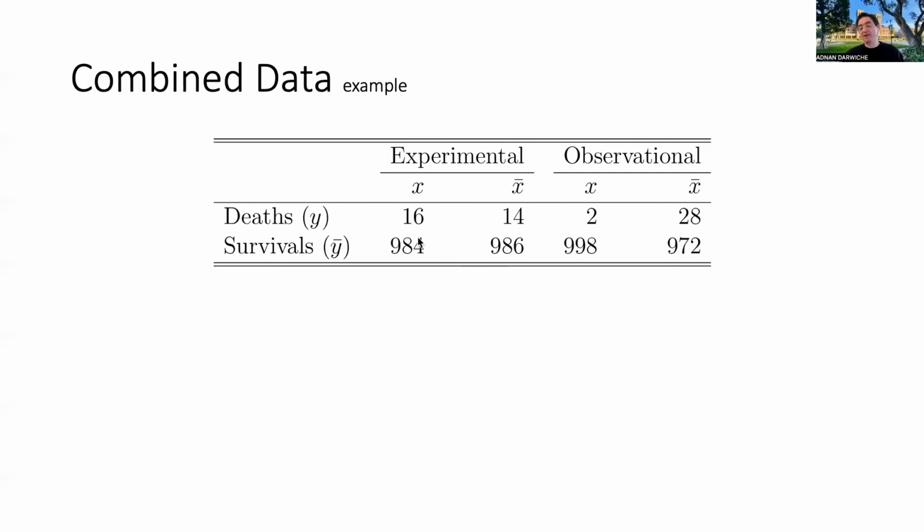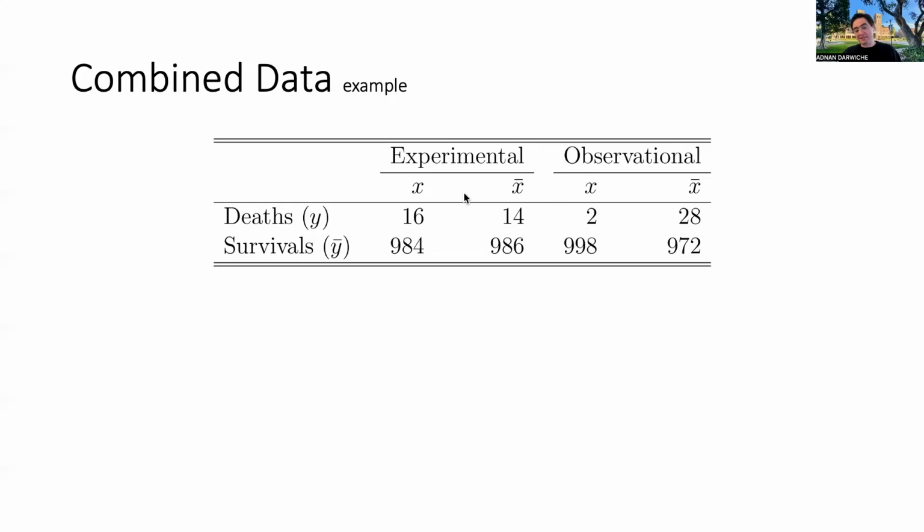The experimental is what the manufacturer will do when doing control experiments: 16 took it and died, 984 took it but survived. Now, this is observational. This is not a controlled experiment. Someone just looked at people and collected numbers. That many took the drug and died, that many did not take it and died, and so on.